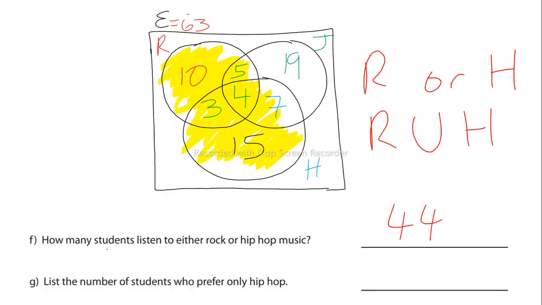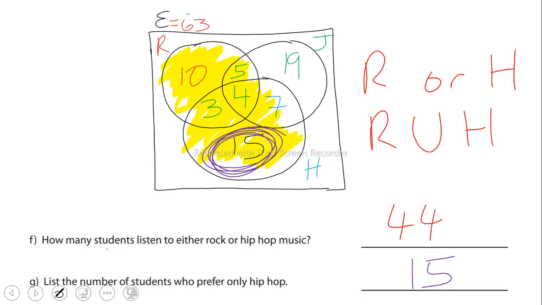Okay, this is the number of students who prefer hip hop only, or only hip hop. Only hip hop would be what? 15. Only hip hop is 15.